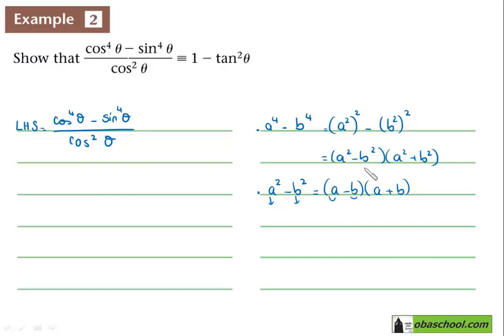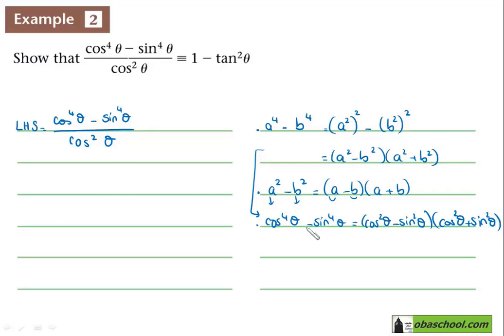And we know that cosine squared theta plus sine squared theta is equal to 1. This is the Pythagoras theorem in trigonometry. Now, let's write this. Cosine 4 theta minus sine 4 theta, just like the above, is cosine squared theta minus sine squared theta multiplied by cosine squared theta plus sine squared theta.